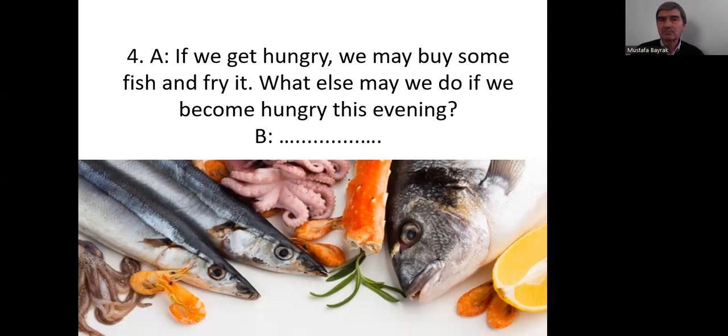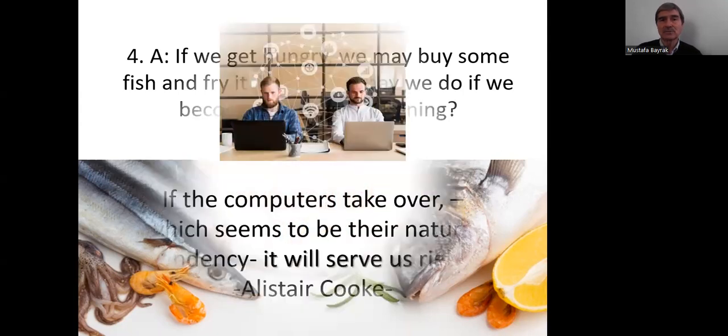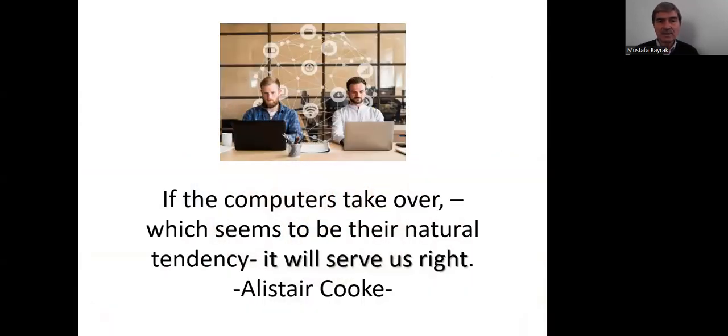We may go out to a restaurant. Or we may boil potatoes and make a potato salad. Okay. If we get hungry, if we become hungry, if we feel hungry. If we feel hungry is the subordinate clause. Okay.